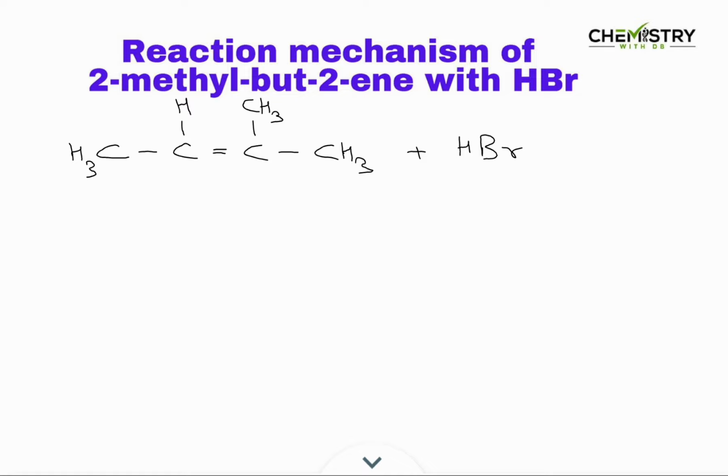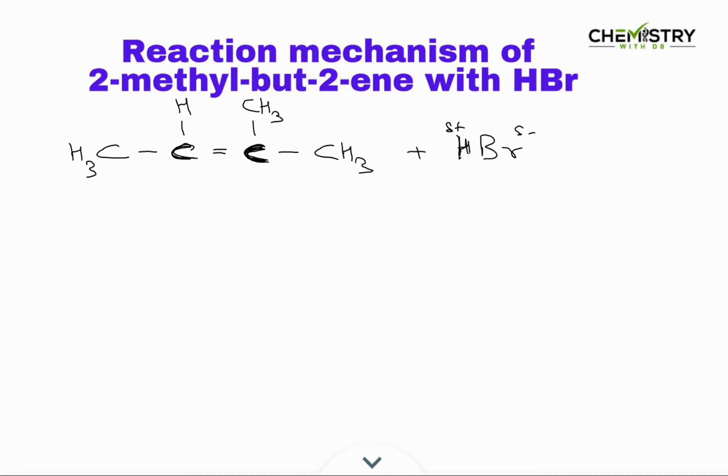Now let's look at an example of the electrophilic addition reaction of 2-methylbutene with HBr. We can see that as per Markownikoff's rule, this carbon doesn't have any hydrogens attached to it, whereas this carbon has one hydrogen attached to it. So this delta positive hydrogen in the electrophile is going to join the carbon with more hydrogens attached to it.